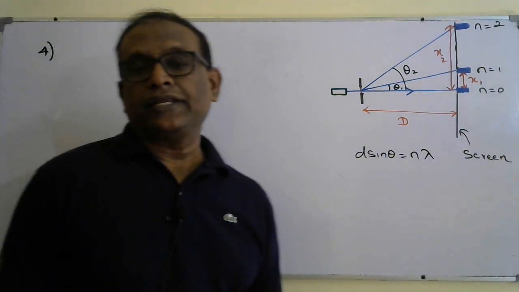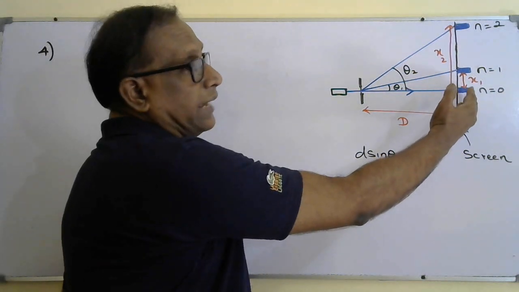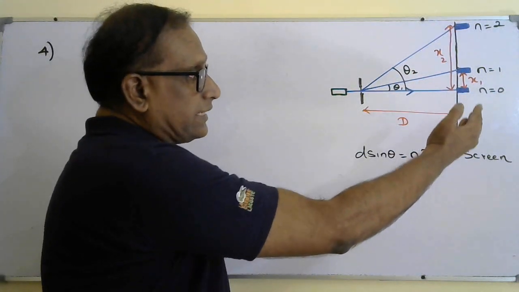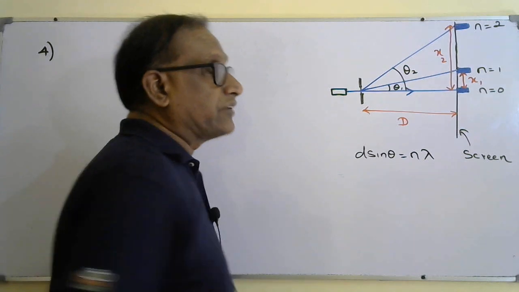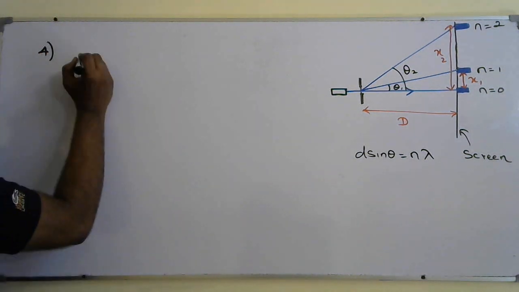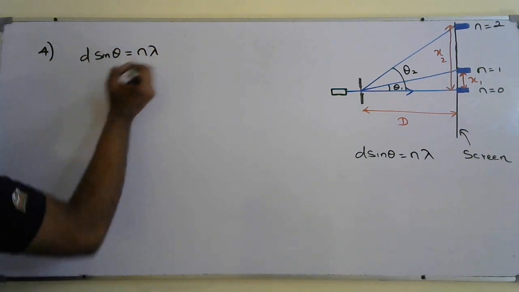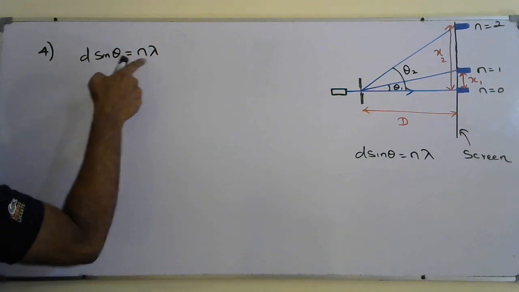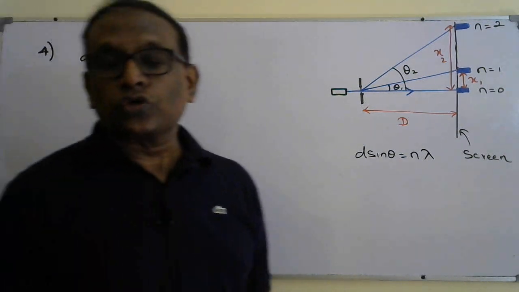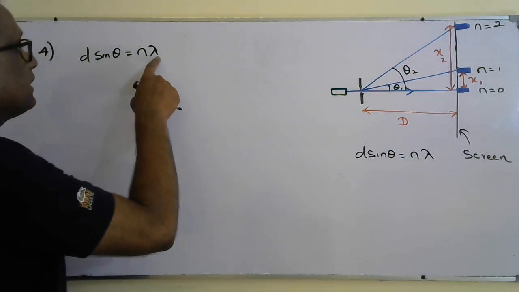The fourth point you must know: what will happen to the bright bands formed on the screen when the distance of the screen from the diffraction grating is increased? We'll analyze it. Now we know the equation d sin theta equals n lambda. For a given wavelength, imagine you are using a monochromatic light, one particular wavelength. So lambda is constant.